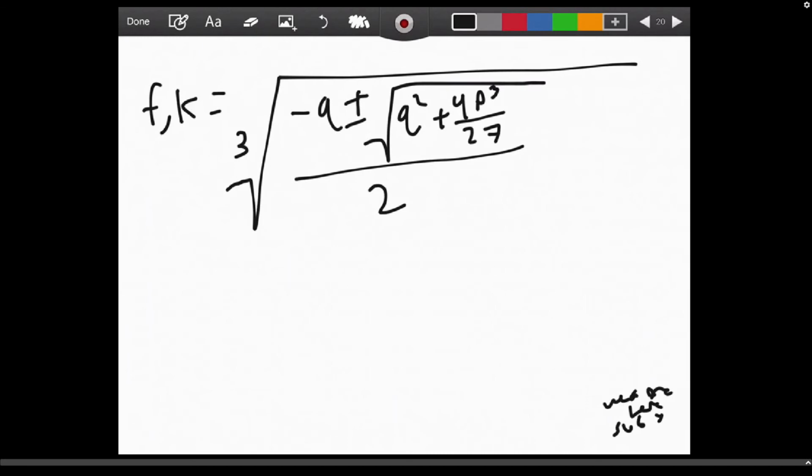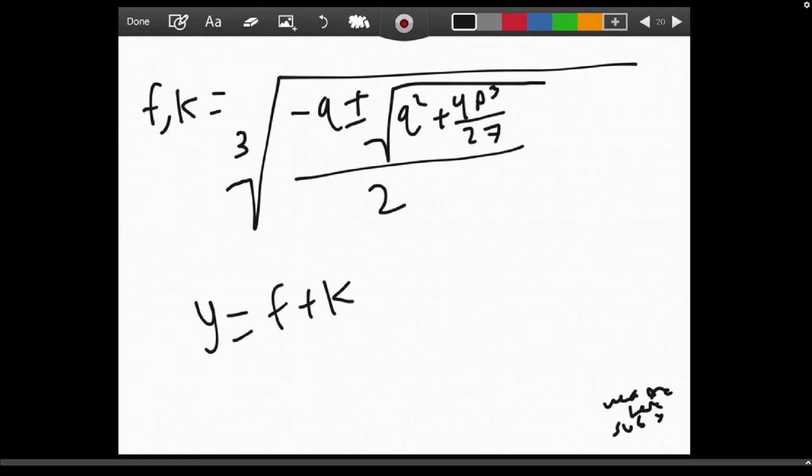At this point in the video, whether you go by Vieta's theorem or algebraically, we should have this equation. F and k equals the cube root of that. I'm not going to say it again because I've said it multiple times. So we're going to remember back that y is equal to f plus k.